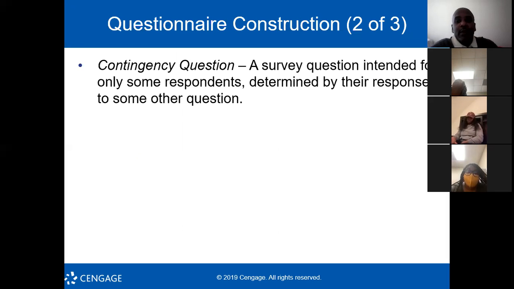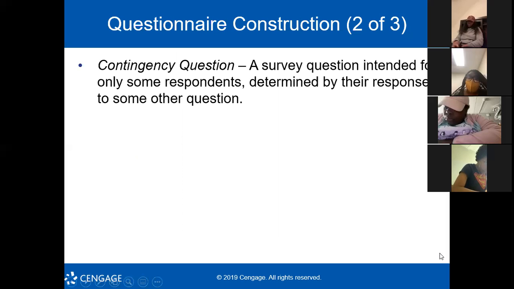There are also contingency questions, and whenever you see something written in italics, make sure that you study that closely. And listen to the word itself, that this question is contingent upon, and I'll elaborate on that more in a moment.